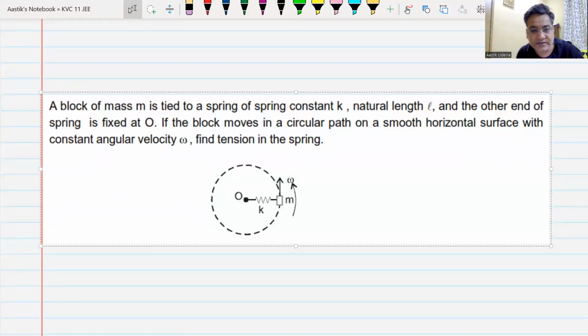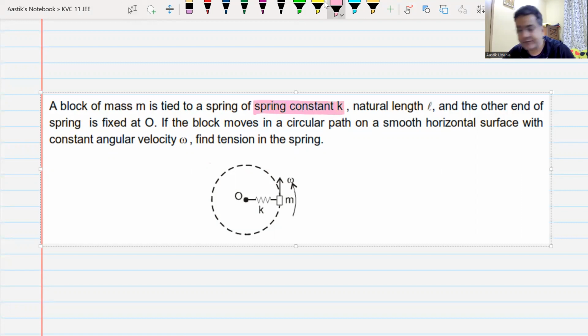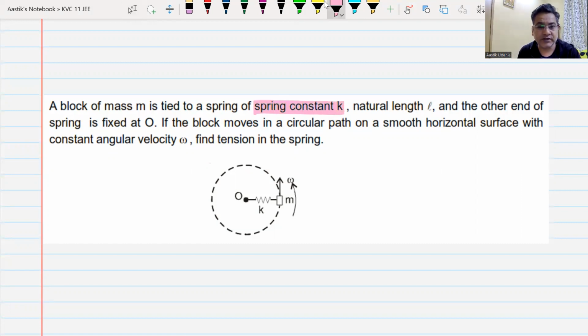A block of mass m is tied to a spring. Now it is a spring of spring constant k. Natural length is L and the other end of the spring is fixed at point O. If the block moves in a circular path on a smooth horizontal surface with a constant angular velocity omega, you have to find out the tension in the string.